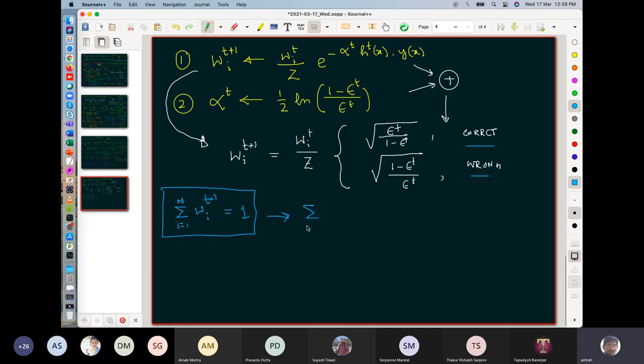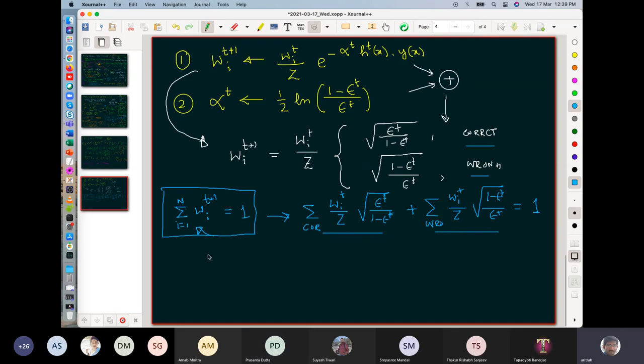So if I sum over all the correct points, w_i^t by Z root over epsilon t by 1 minus epsilon t, plus if I sum over all the wrong points, w_i^t by Z root over 1 minus epsilon t by epsilon t, should be equal to 1. Yes or no? Due to this, right? The correct point plus the wrong point sum should be 1.